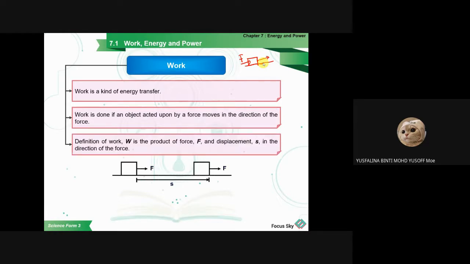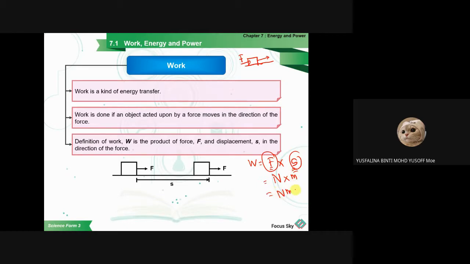The definition of work: it is the product of force and displacement in the direction of the force. So W equals F times S, force multiplied by displacement. For the unit, the force must be in Newton and S, the displacement, must be in meter, so it should be Newton meter.